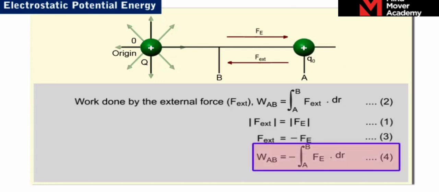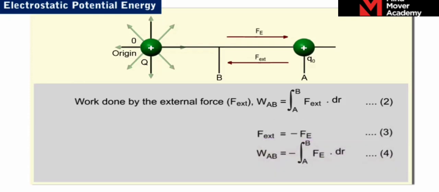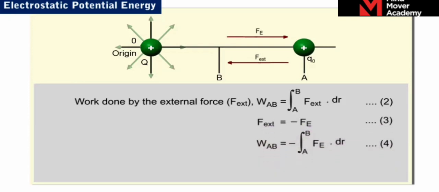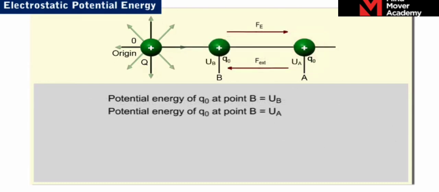In equation 4, the work done against the electrostatic force is termed as electrostatic potential energy. Hence, at every point of the electric field, the charge Q0 possesses electrostatic potential energy. Let the potential energy of the charge Q0 at points A and B be UA and UB respectively.